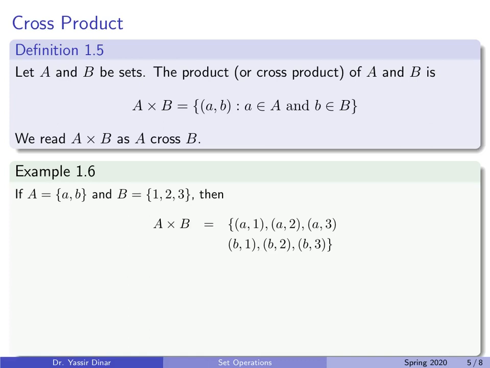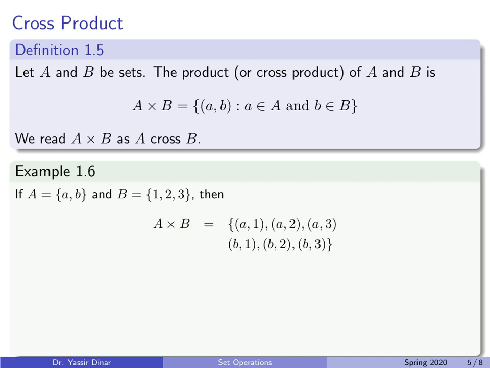Here is an example. If my set A contains two elements, a and b, and the set B contains three elements, 1, 2, and 3, then A cross B means that I have to list all the pairs where the first coordinate is in A and the second in B. It is not hard to figure out here because my sets are finite.